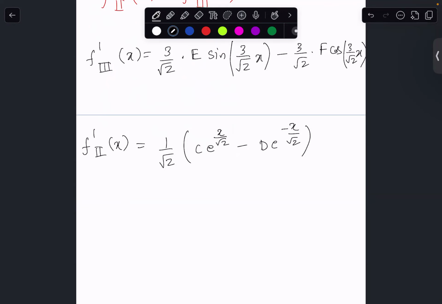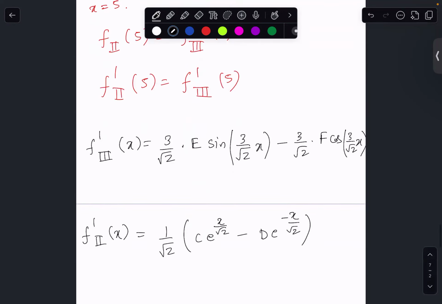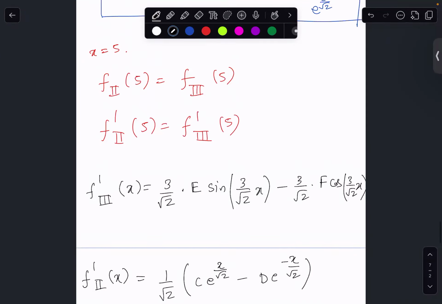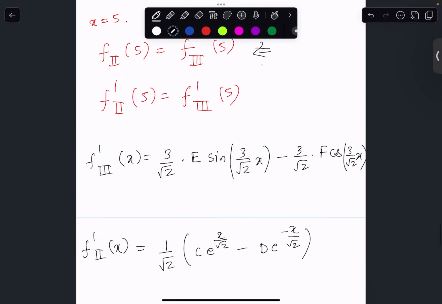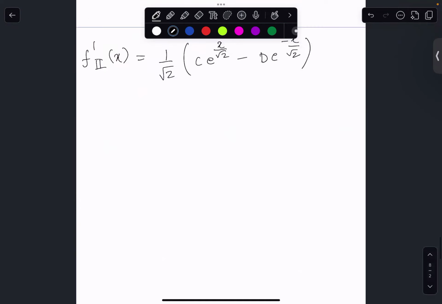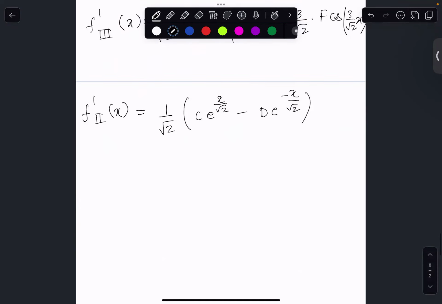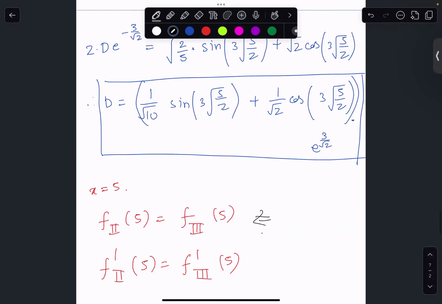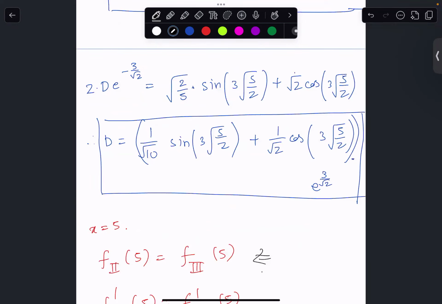Now we substitute these values at x equals 5. But before that, let's write down our first equation. So we now consider C and D as known values.